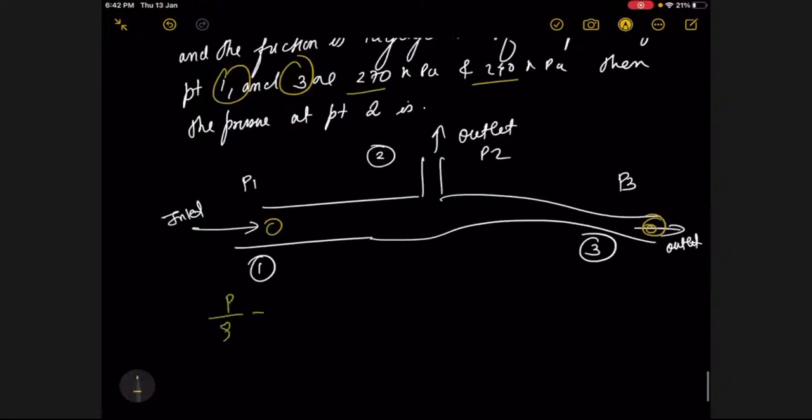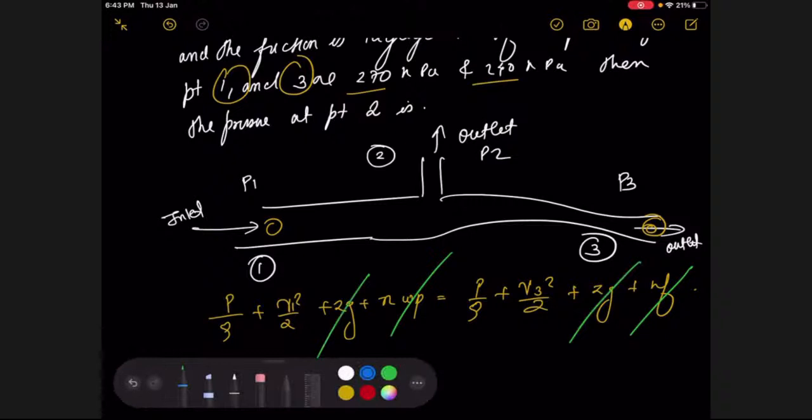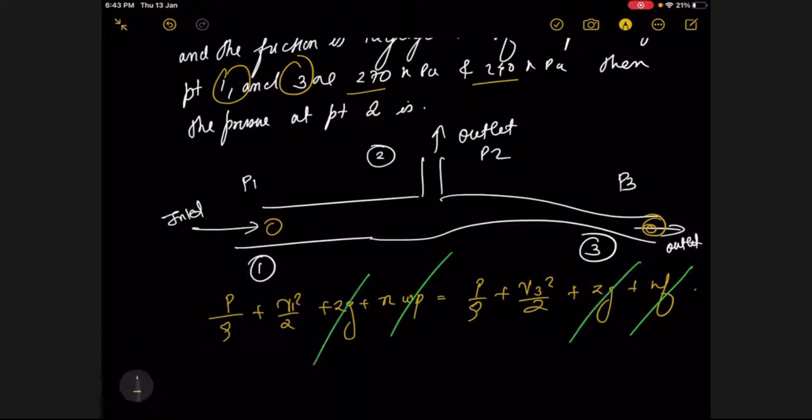P by rho plus V1 square by 2 plus Z1 G is equal to P by rho plus V3 square by 2 plus Z3 G plus HF. This is friction, HF. There is no data regarding friction, so 0. There is no pump. The pipe is horizontal. So these all terms will be 0. Now you can solve these terms easily.